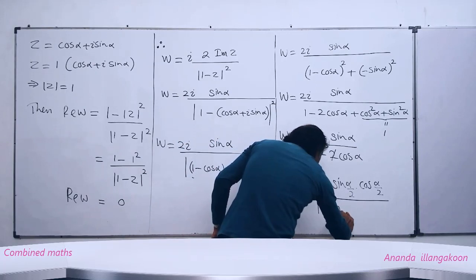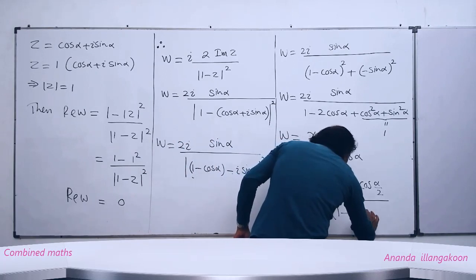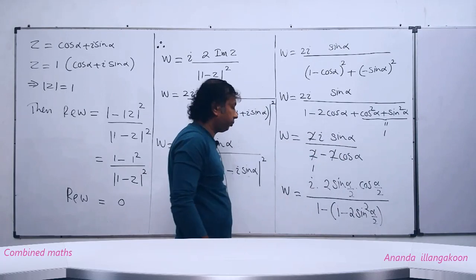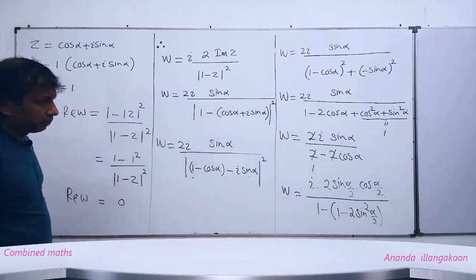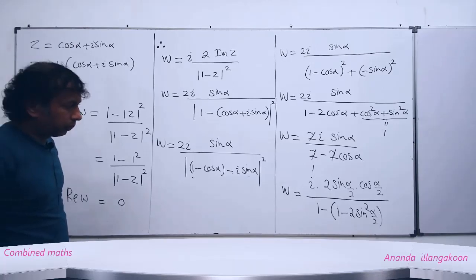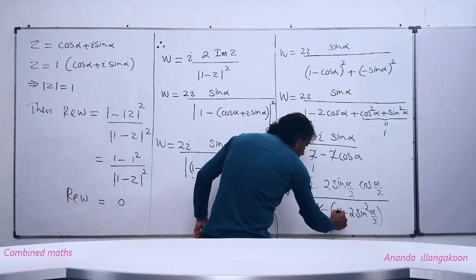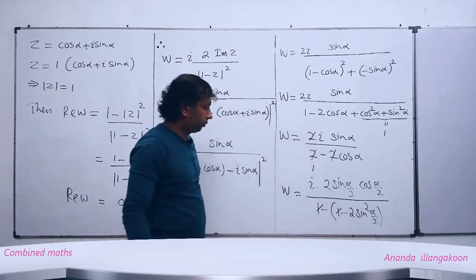This cos alpha we can write as 1 minus 2 sin squared alpha by 2. Then here, remove the bracket. 1 minus 1 we can cancel down. Minus minus make plus, right?